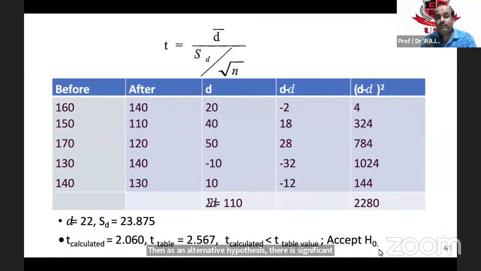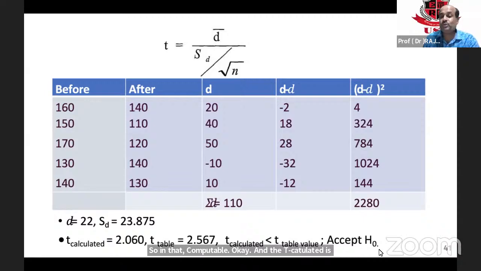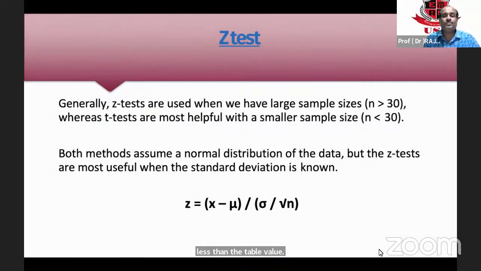So you put in before and after values. You have to find the difference d, then d minus d bar, then square, then summation. So d bar equals 22, s_d is 23.875. The calculated t is 2.060. The table value you will get in all statistical tables or also on the computer. The calculated t is lesser than the t table value, so you can accept the H naught.